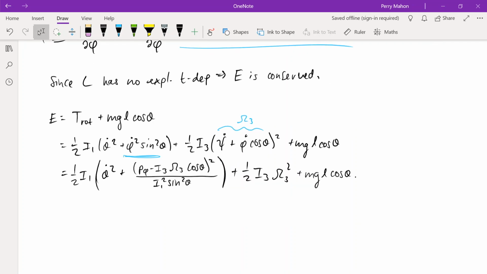Right, and so now what we see is that this whole expression here is just a function of theta and theta dot, and it's useful to rewrite this in the way that we did previously, where we identified an effective potential, right? So this was just 1/2 I1 theta dot squared plus V effective of theta. So this is just identifying the effective potential in the way that we previously did. And that's just noticing that this whole set of terms here don't depend on any of the generalized velocities and don't depend on psi or phi.